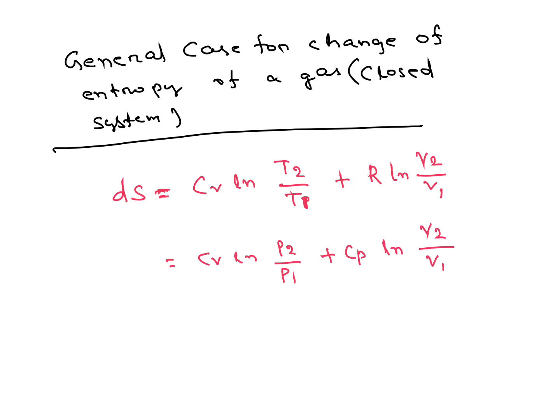Three equations are here. We can use any one, whichever is suitable. And Cp ln T2 by T1 minus R ln P2 by P1. Three formulas are there for change in entropy.